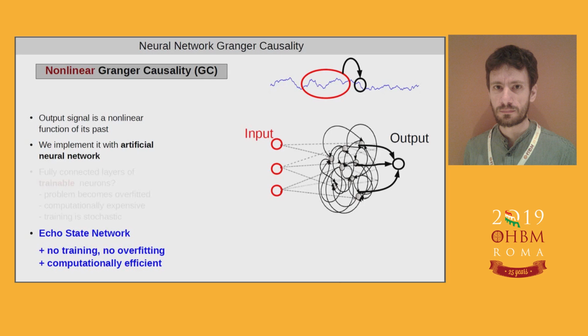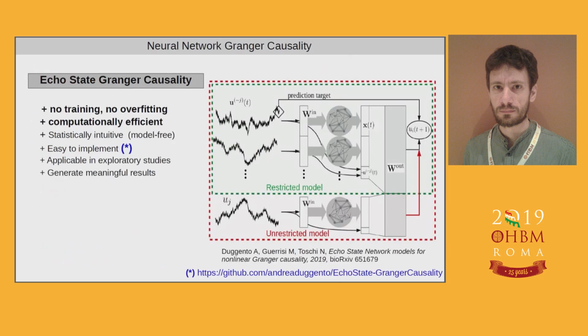In this way, there is no training, there's no overfitting, it's very computationally effective, and we built our tools based on that. You can look at the mathematical details in the paper, which we just published on bioRxiv. By the way, it's very easy to implement, computationally speaking. So if you don't want to do it yourself, check it out on my GitHub page.